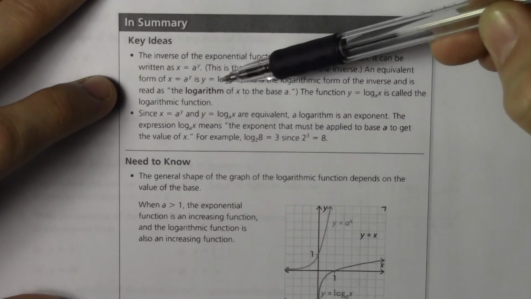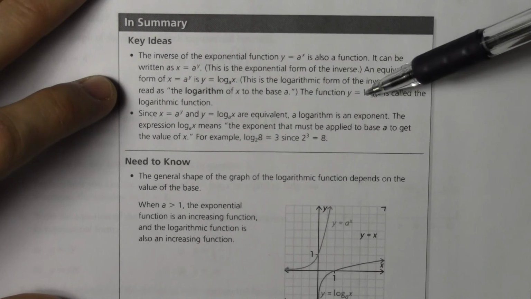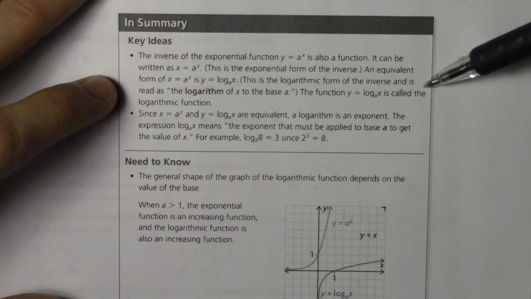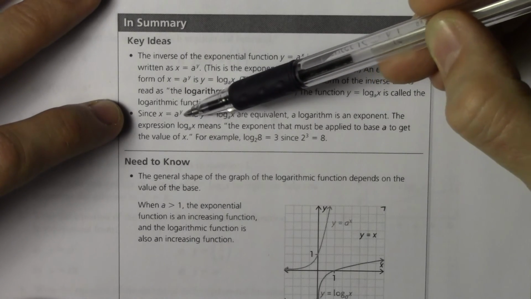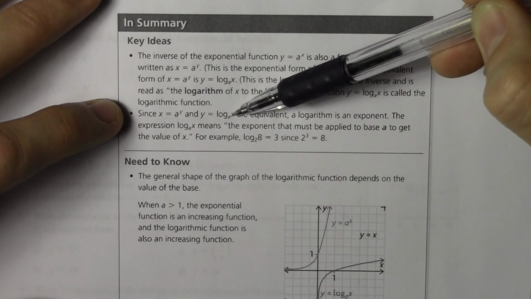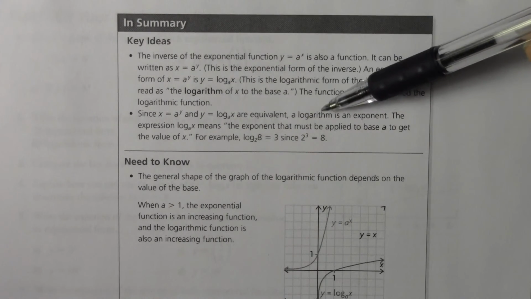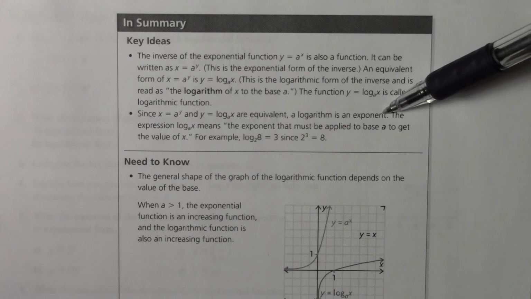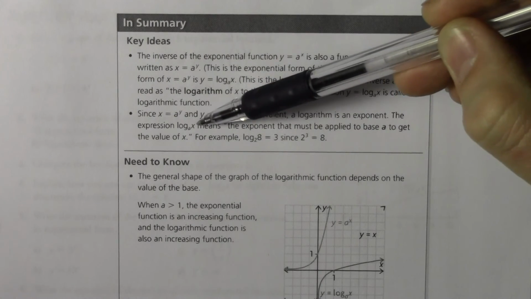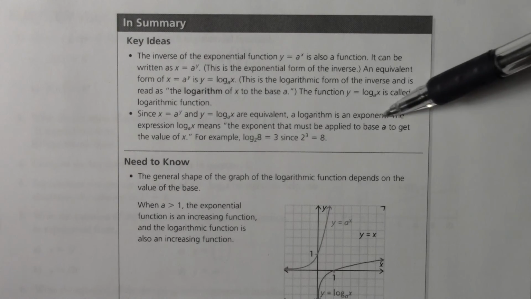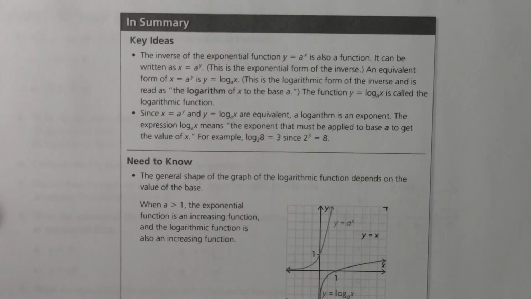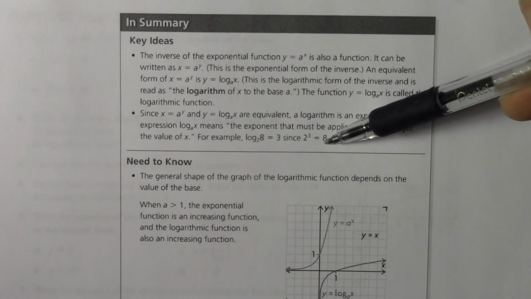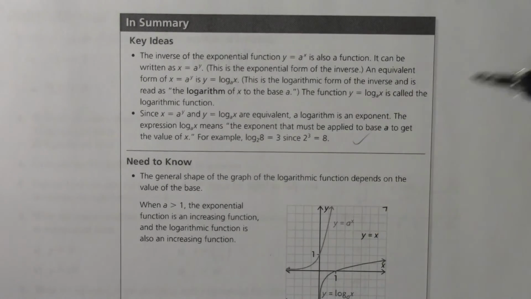That's how you would read it. The log of x to the base a. The function y equals log a x is called the logarithmic function. Since x equals a to the y and y equals log x to the base of a are equivalent, a logarithm is an exponent. The expression log a x means the exponent that must be applied to base a to get the value of x. For example, log 2 of 8 is equal to 3, since 2 to the exponent of 3 is 8. Okay, I hope everyone gets that now.